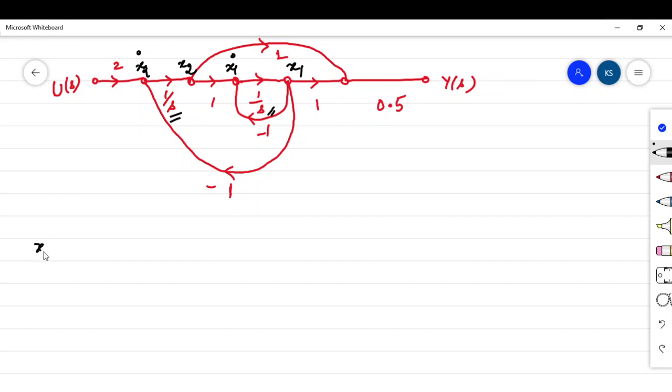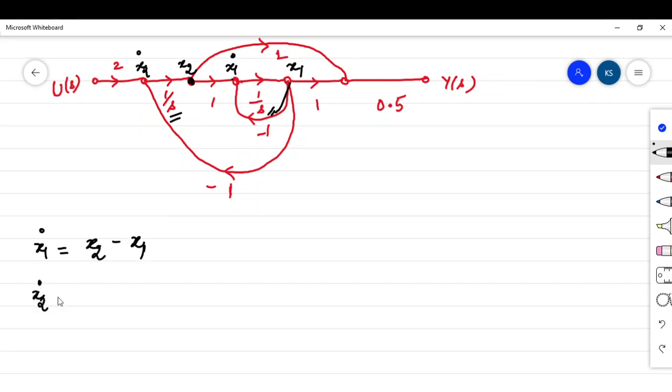So x1 dot can be written as, we will see the incoming branches to it. You can observe that x1 dot is equal to x2, because x2 when multiplied with 1 is x2 only. Another branch entering into it is minus 1 into x1, so we can write it as minus x1.